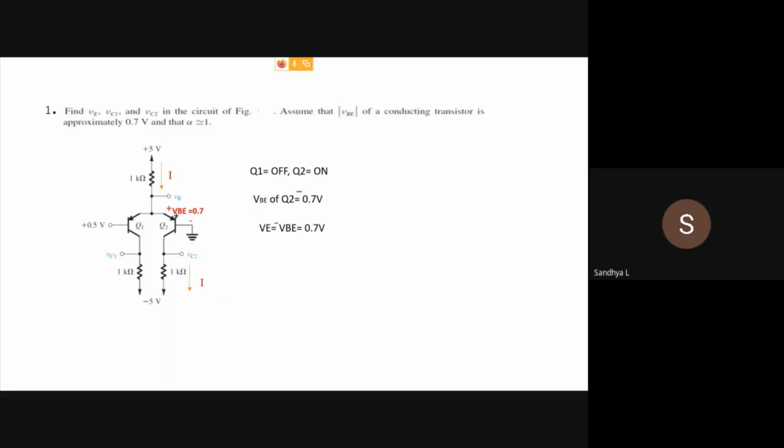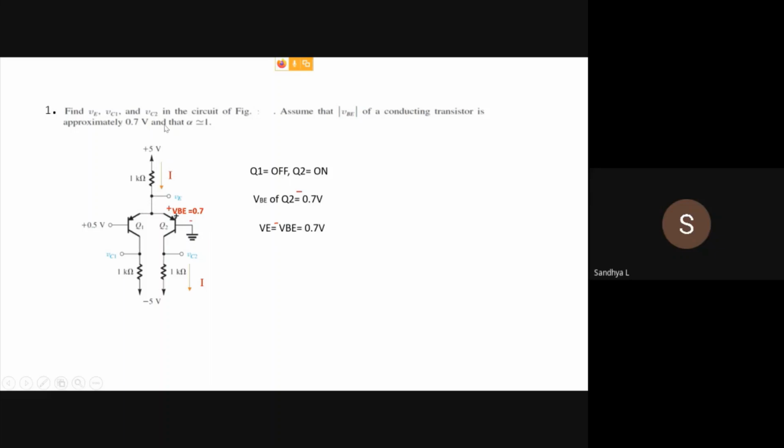VBE with a polarity like this. So VE equal to 0.7. Okay, so VE we got.